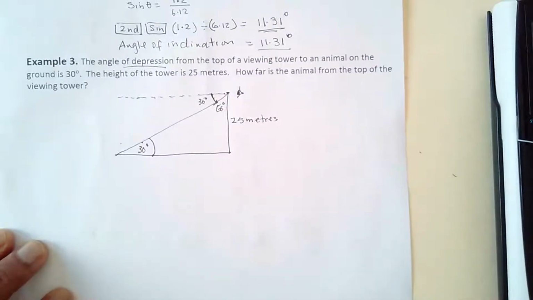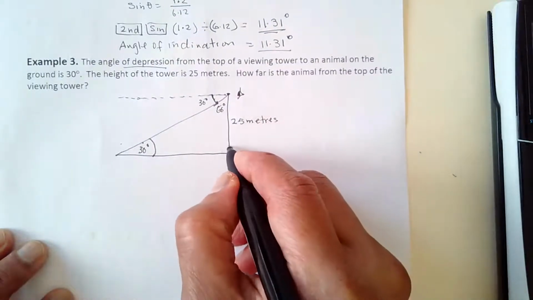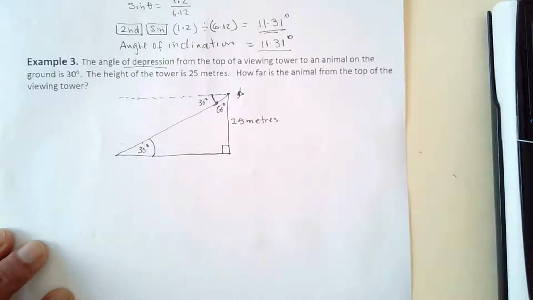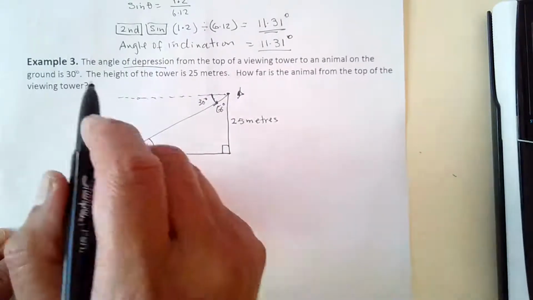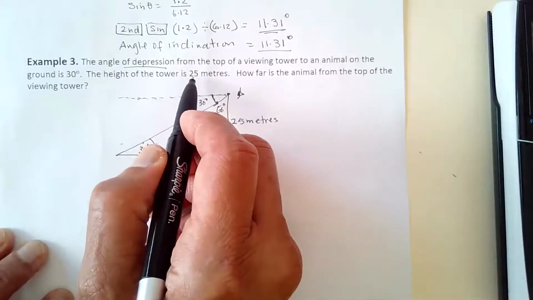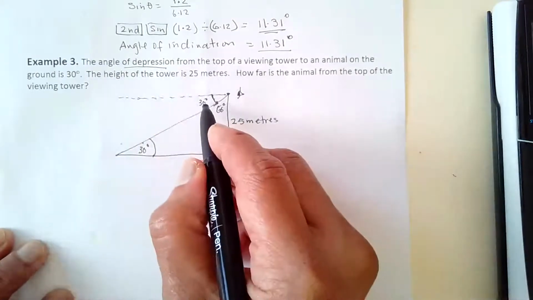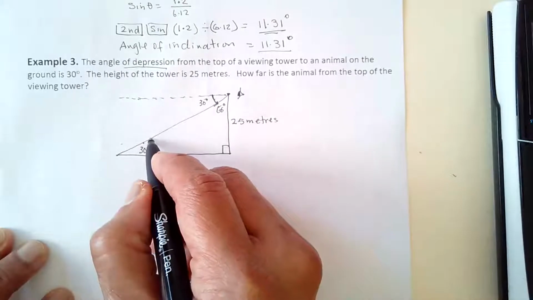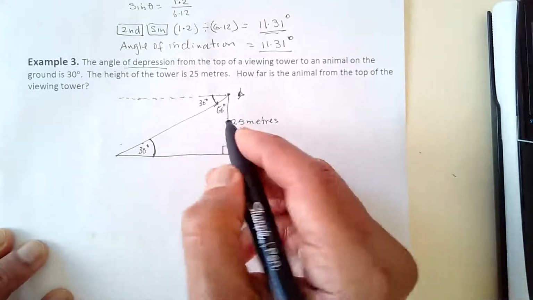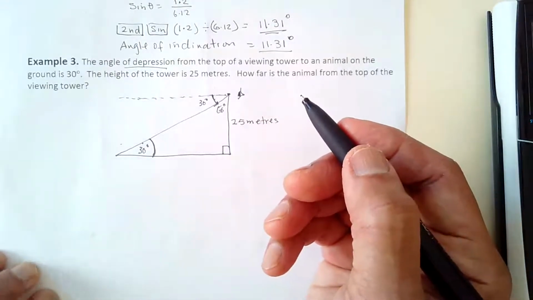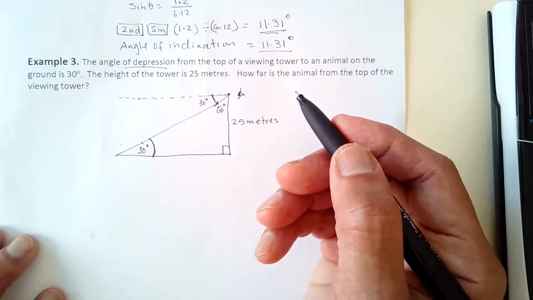And we know the sum of the angles that are perpendicular is 90 degrees. So we have the height of the tower 25, the angle of depression is 30. So we have all of the angles in this triangle. So we can use any of the trig ratios to find this.